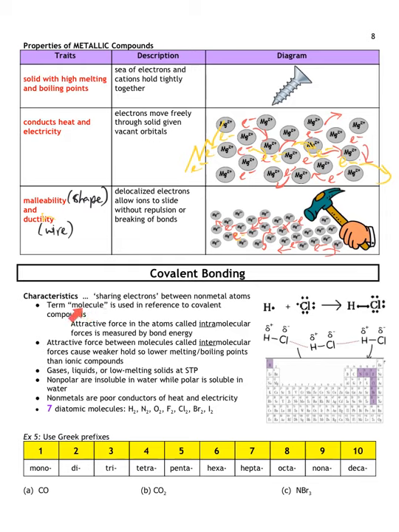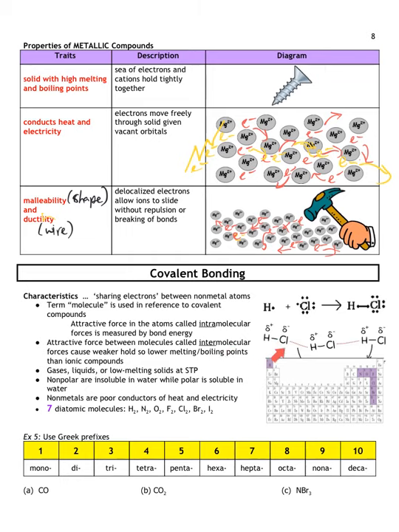The term that we use is molecule, and the word molecule is always referencing covalent compounds. So this is a molecule called hydrogen chloride. The attractive force in the atoms is called intramolecular forces, and it's measured by something called bond energy. The attractive force between molecules is called intermolecular forces.